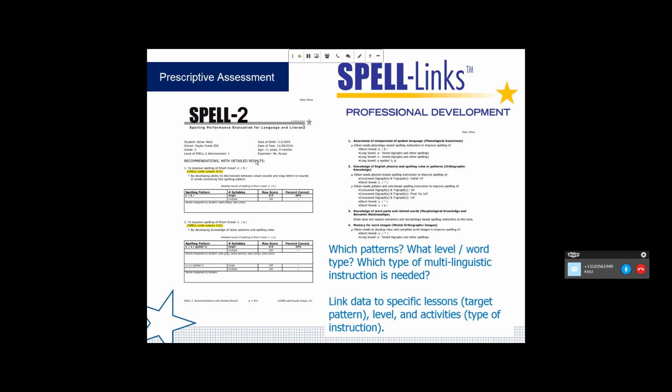There are lots of reasons that are beyond the scope of today, but if we look at spelling, it will give us a more sensitive measure that will pick up those underlying linguistic deficits that may be missed by looking at reading only. So that's one reason to look at spelling.